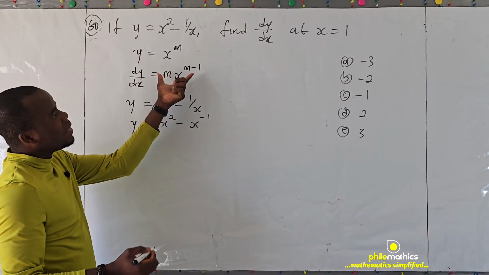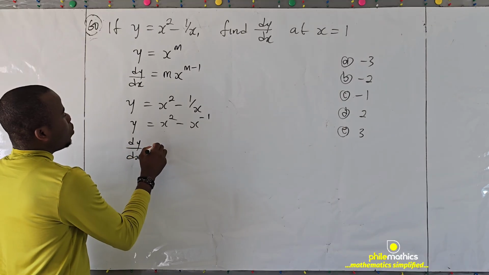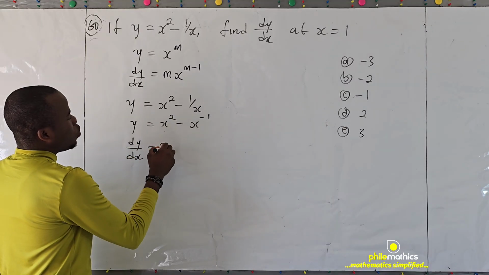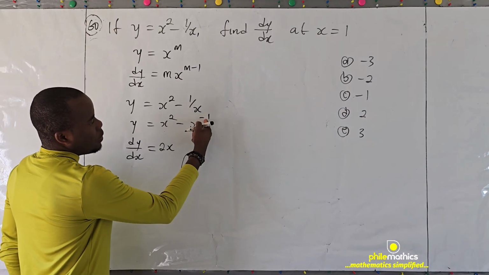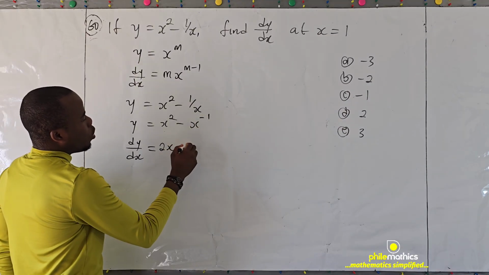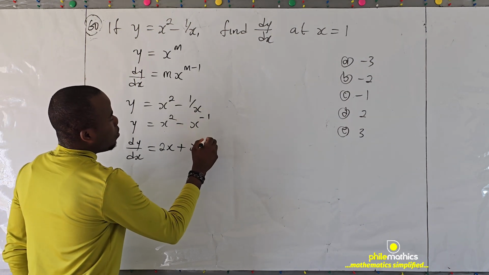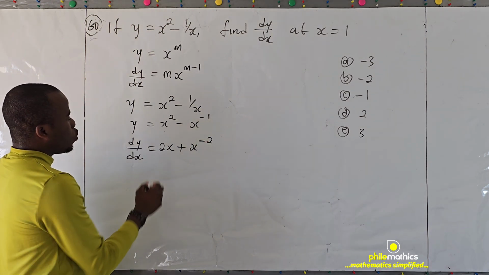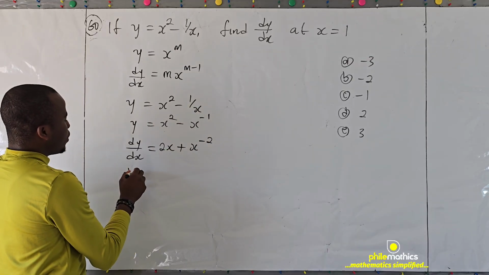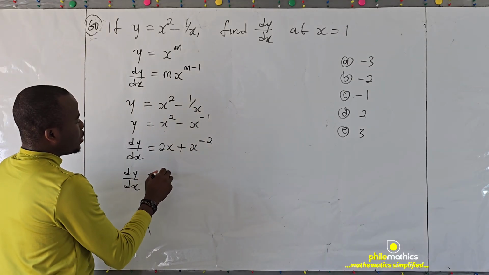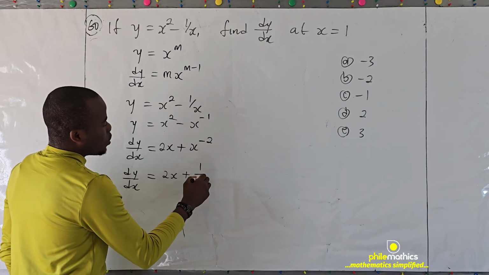And so if we apply this here, dy/dx gives us this multiplied, 2x, subtract 1 it becomes 1, and this minus 1 multiplies this becomes plus 1, x, we subtract 1 from this becomes minus 2. And so you can take back this to this form. The dy/dx is now 2x plus the same as 1 over x squared.